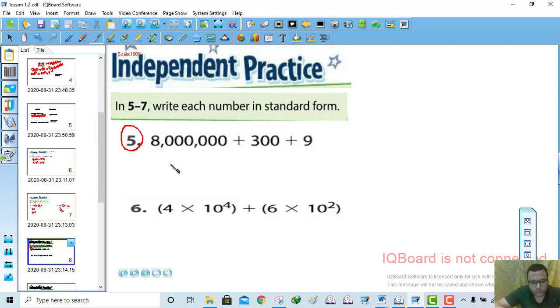When you add them, I will write 8 in the million place, then 309, but don't forget the thousands. So in the thousands we are going to put a 0, and here in the hundreds place 309. As you see, we put here a 0, okay, because we don't have a tens place.